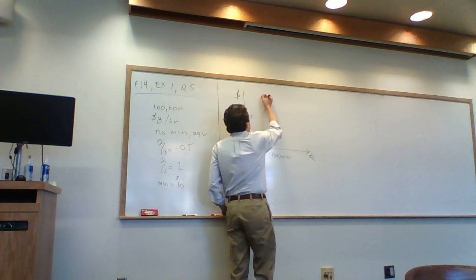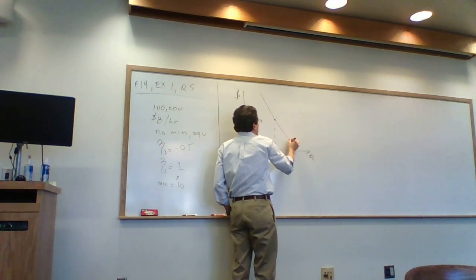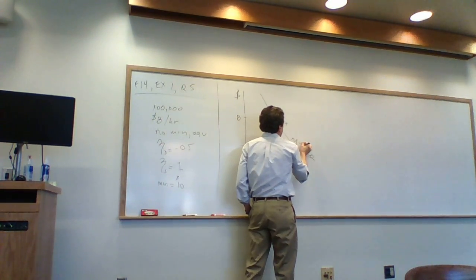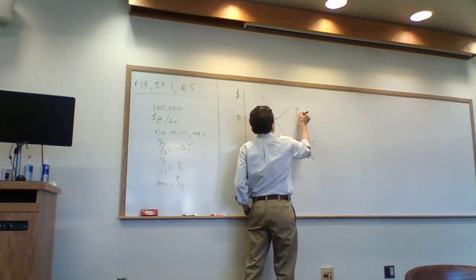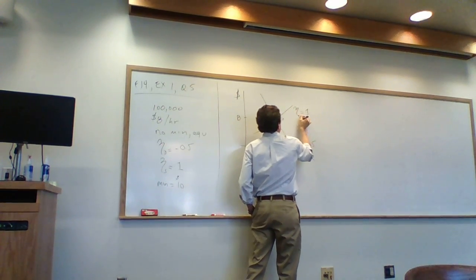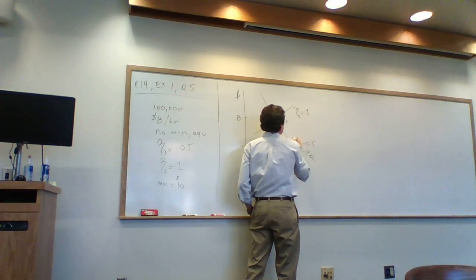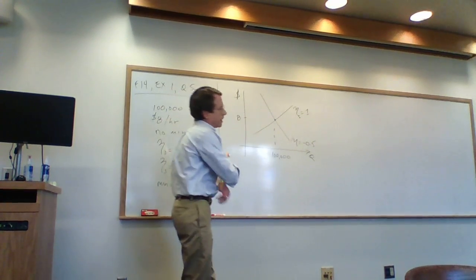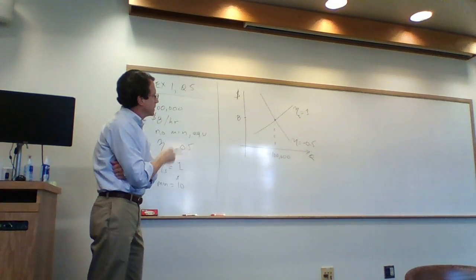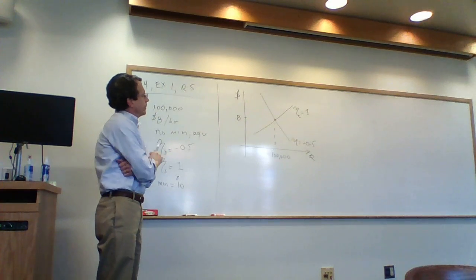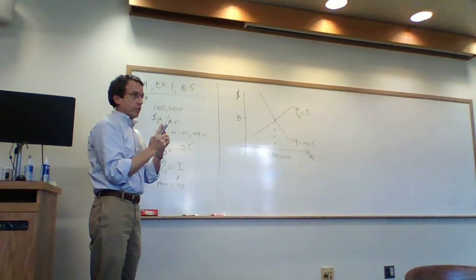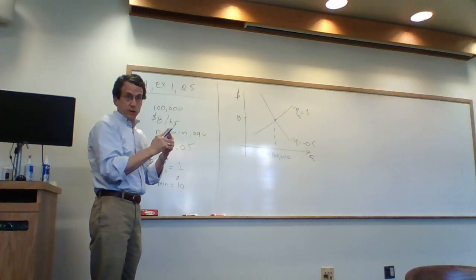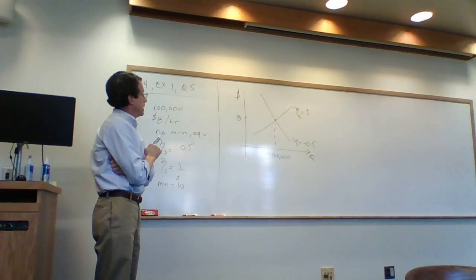I might sketch it out like that. So I'm using the information that I have the original number of people in the market and what they're paid, and that it's the equilibrium, so now it's where the curves cross.